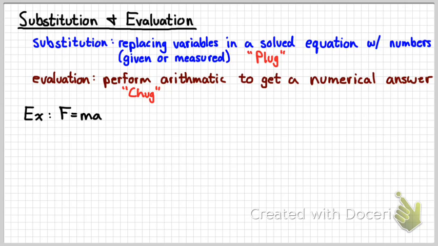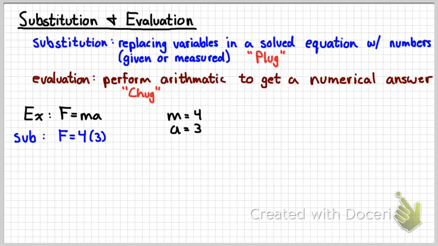So, for example, let's say we have the equation F equals ma, and you're told or that you measure the m to be 4 and the a to be 3. So when I say substitute, that means replace the letters with the numbers. So write it like F equals 4 times 3. Do not skip this step.